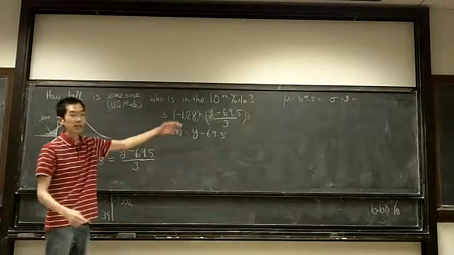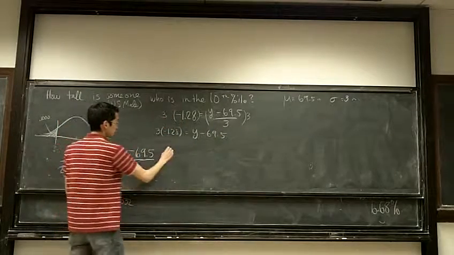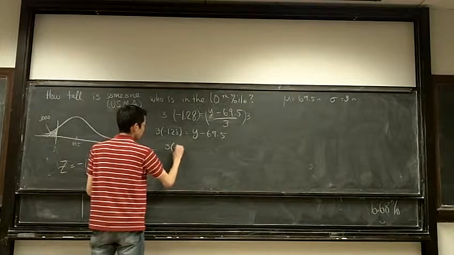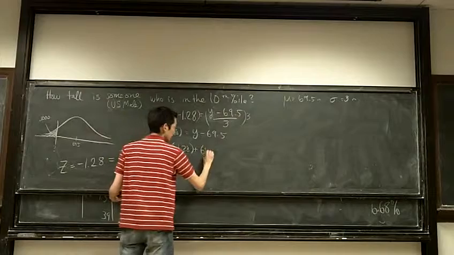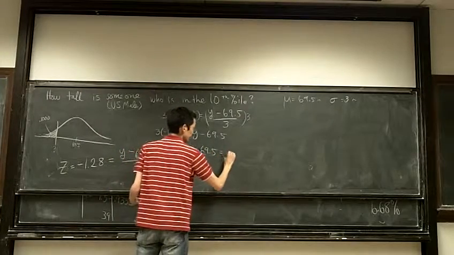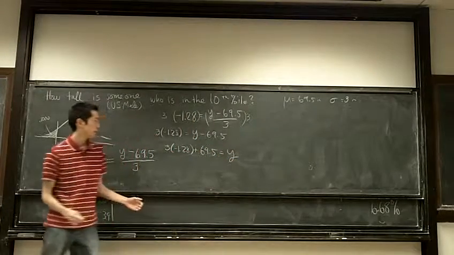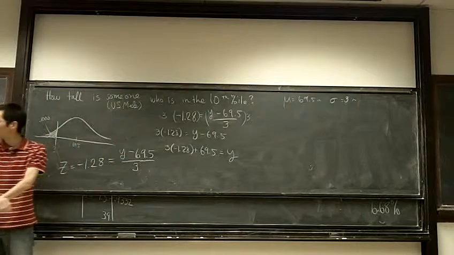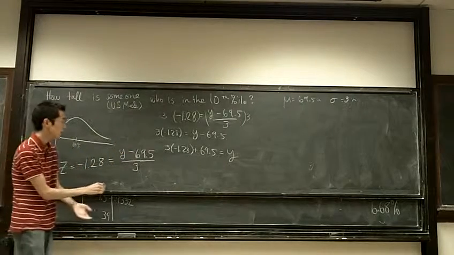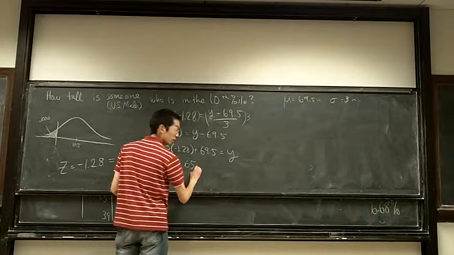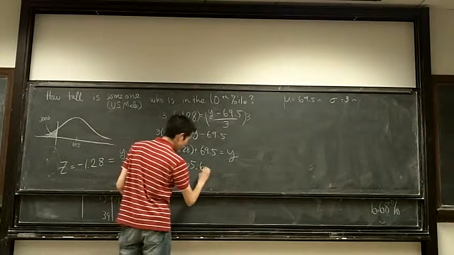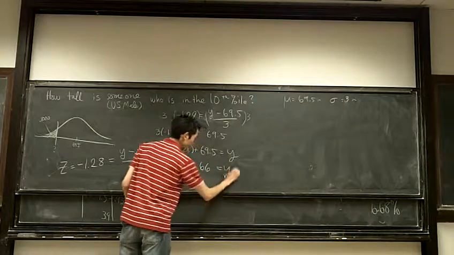And now I add 69.5 to both sides. So I have 3 times negative 1.28 plus 69.5 is equal to y. All right, and so we just have to punch this into the calculator. 65.66 is equal to y.